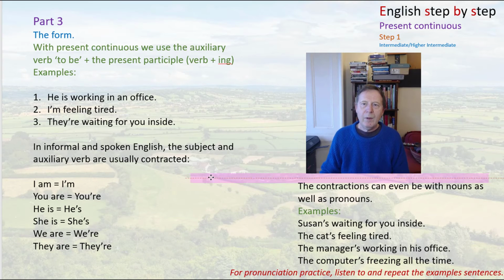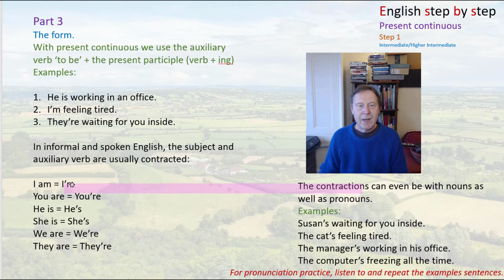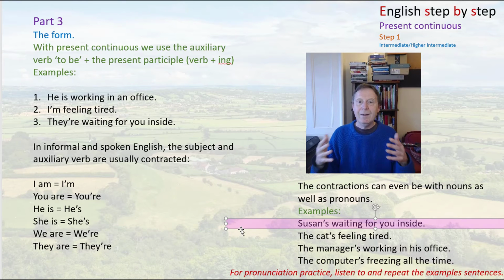Now, when we think about contractions, they can even be with nouns as well as pronouns. In these examples, we have pronouns, I, you, he, she, we, they. But let's look at some examples with nouns. For example, Susan. Susan is can be pronounced as Susan's.